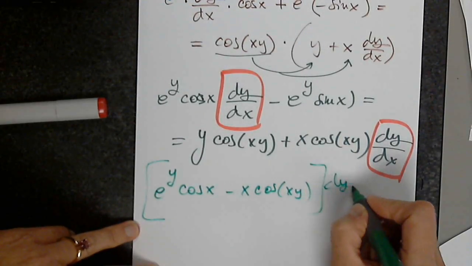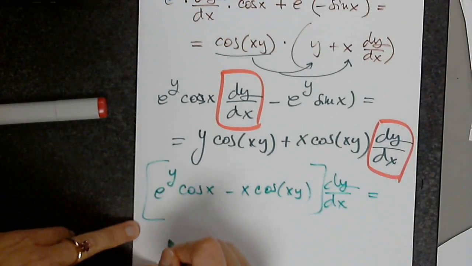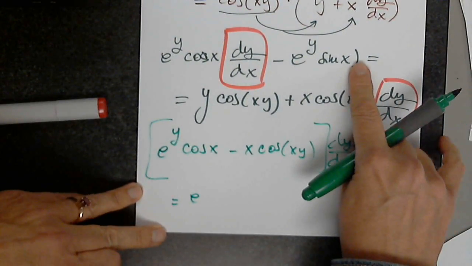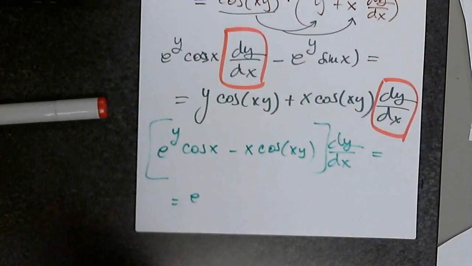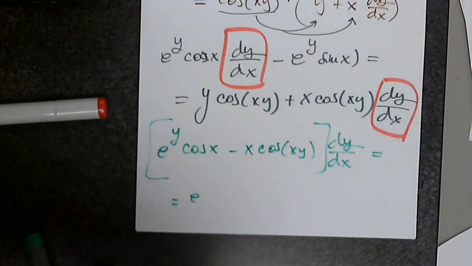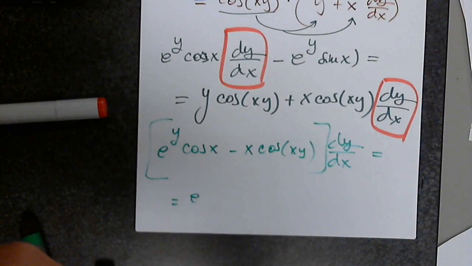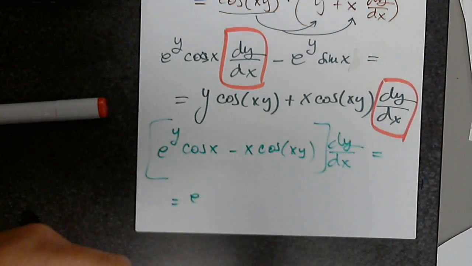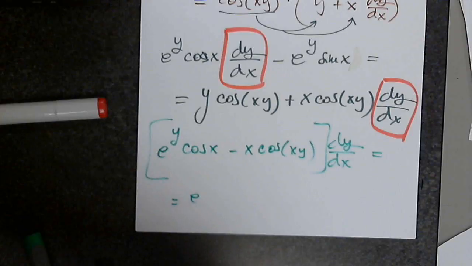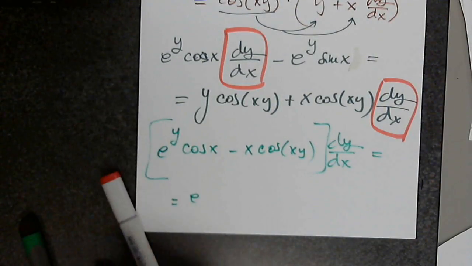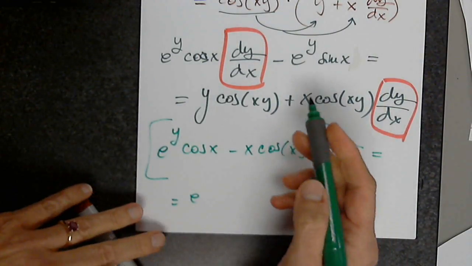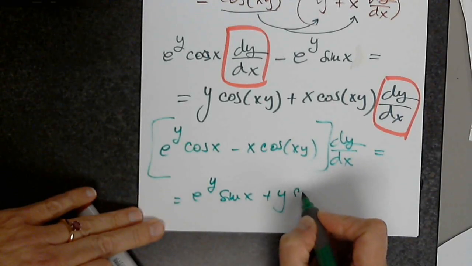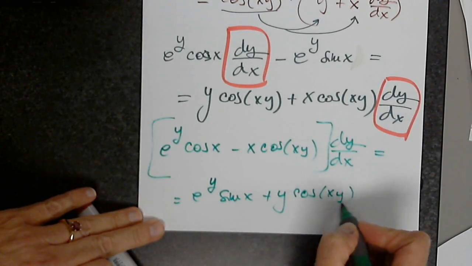And I factor out dy over dx equals, what is this? What did I do here? Oh, sorry. There's no need for that half parenthesis. Sorry about that. Okay, so e to the y sine x plus y cosine xy.